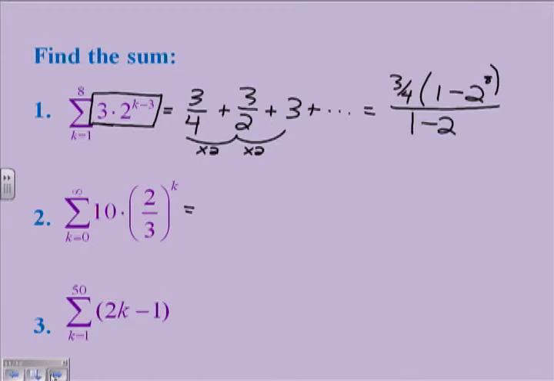On this one, notice I started at 0 this time instead of at 1. So my very first term is 10. And then when k is 1, I get 20 over 3. And when k is 2, I get 40 over 9. And how far am I going? I'm going to infinity.